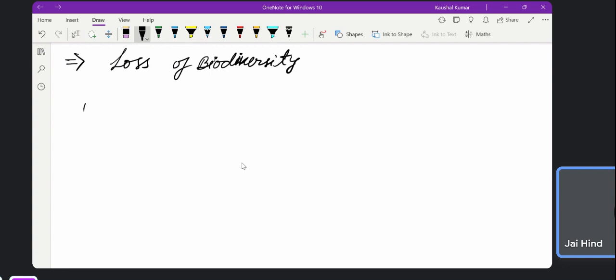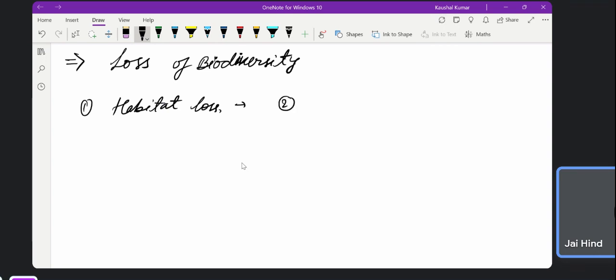The first term by which biodiversity will be lost is habitat loss. If the habitat is not there, the loss of the habitat causes the loss of the biodiversity.